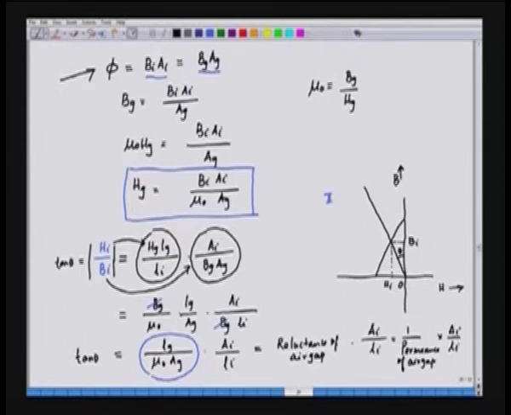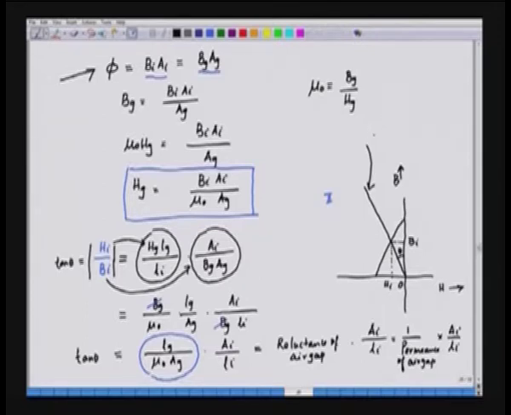This is equal to tan theta. So, theta is a measure of the reluctance. If reluctance is more, theta is more. If reluctance is less, theta is less. So, we call this the permeance line or reluctance line.